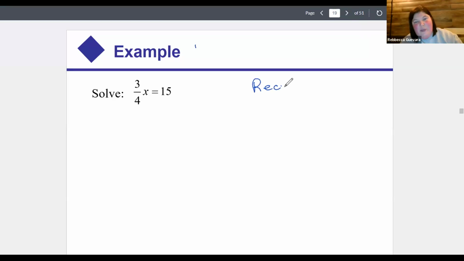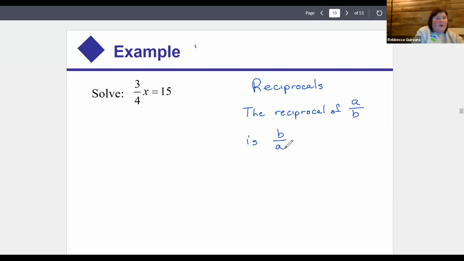Let me quickly remind you about a reciprocal. The reciprocal of a number is basically the number flipped. So the reciprocal of A over B is B over A. If I have A over B and I want to get rid of it, I can multiply it by B over A. That cancels and that cancels, and you're just left with 1.